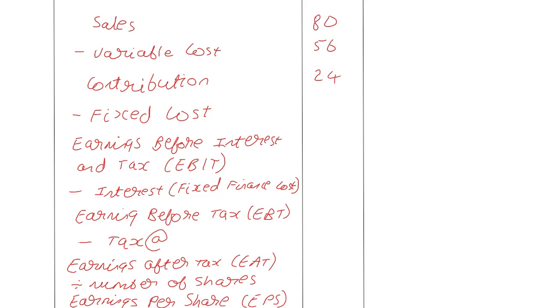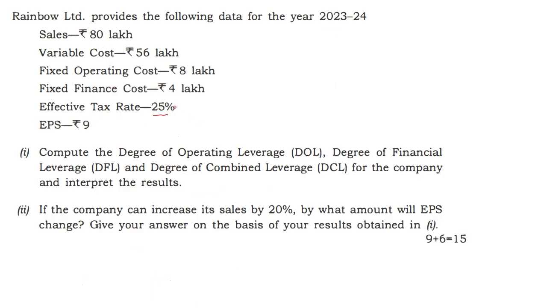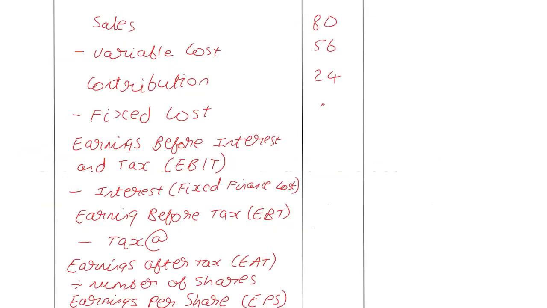Then our fixed cost, which is 8 lakhs. Fixed operating cost 8 lakhs. I will go ahead and put 8 lakhs here. And then we have 24 minus 8, which will give us 16.